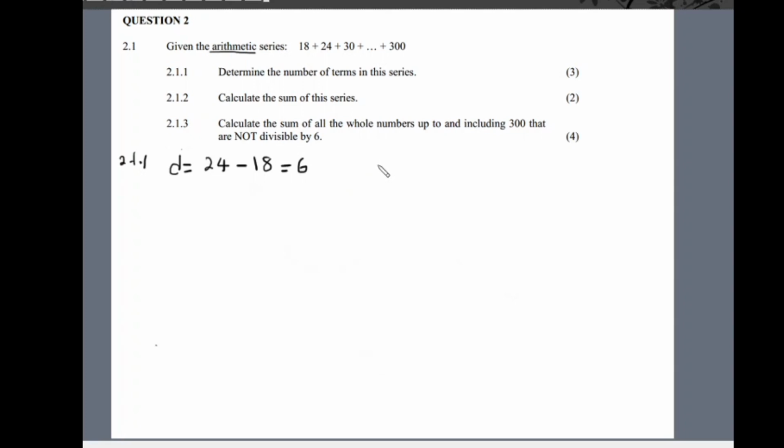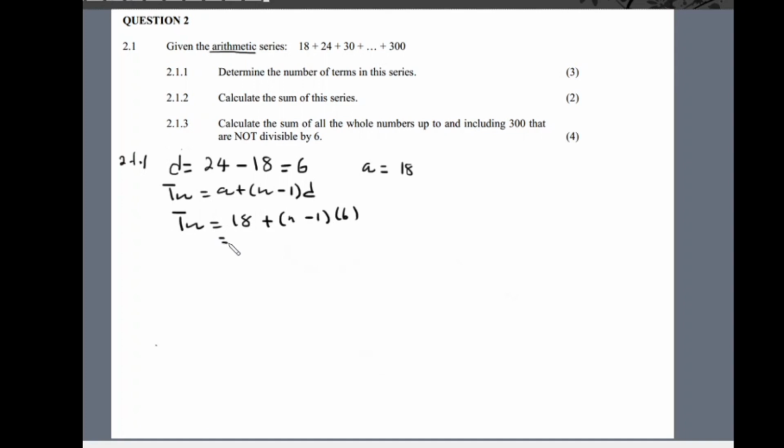and we find that our common difference is 6, right? And we know the first term is 18. So applying the formula Tn is equal to a plus n minus 1 times d, we find that Tn is equal to 18 plus n minus 1 times 6, right?